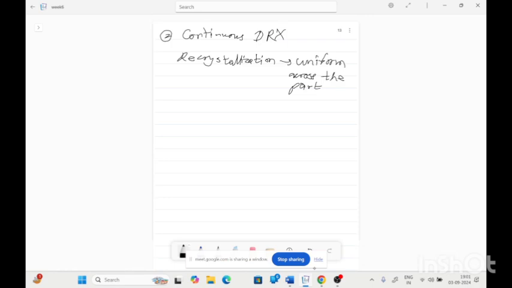So how the CDR is, this can also be written as CDRX, and first was the DDRX. So in the DDRX, first is the nucleation of strain free grains, and grain boundary bulging due to a strain gradient.